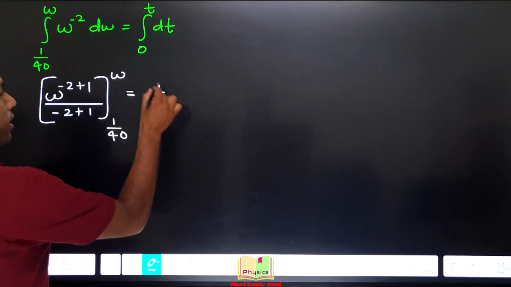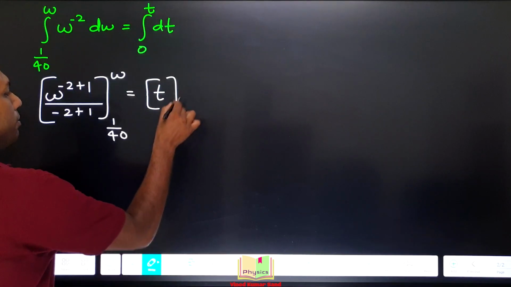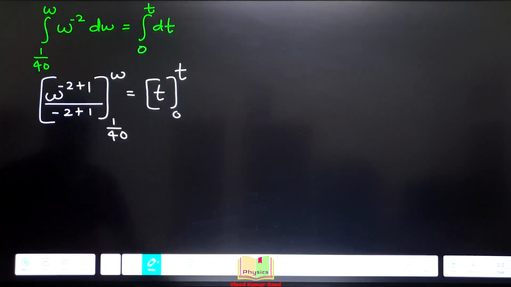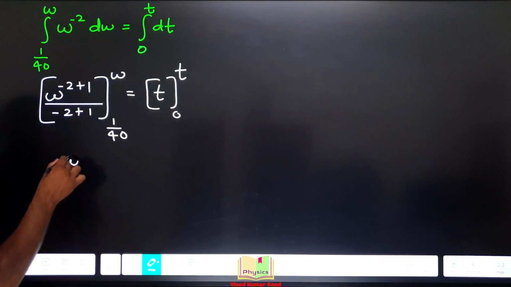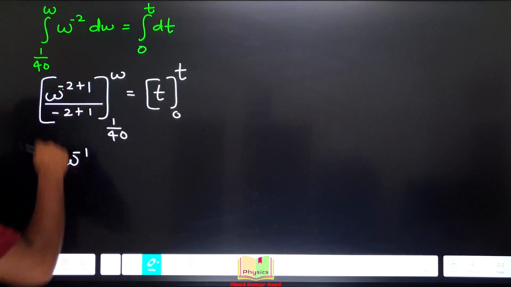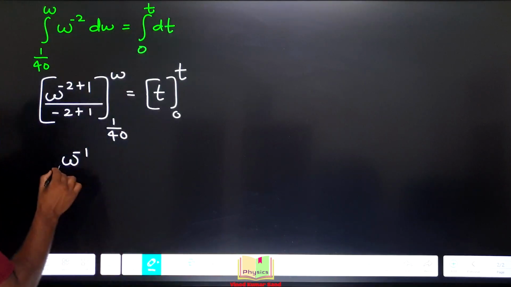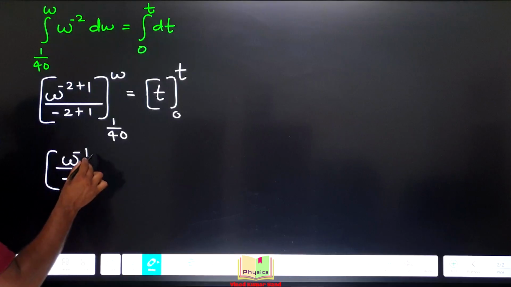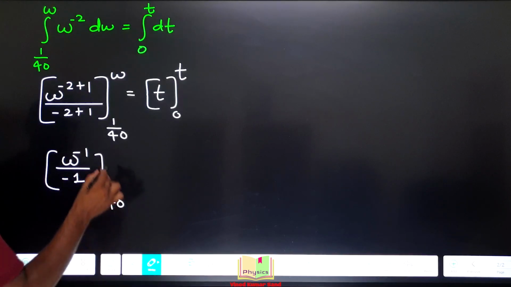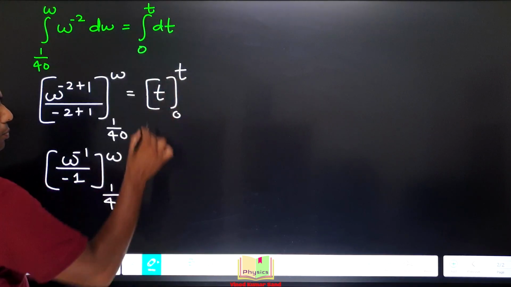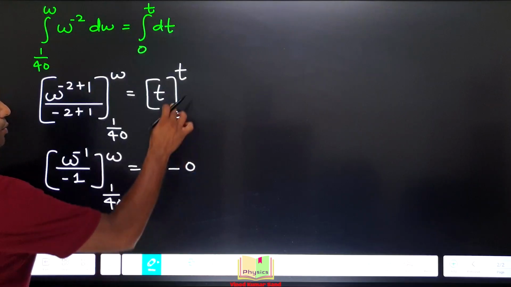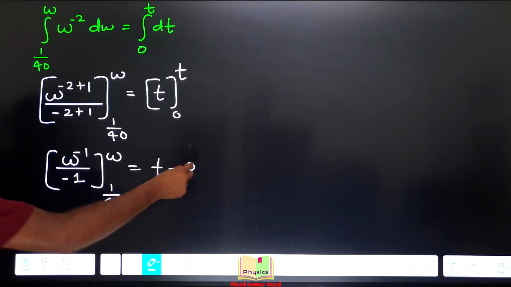Integral dt will be t, limits from 0 to t. Going further, here is omega to power minus 1, since minus 2 plus 1 is minus 1, divided by minus 1. The limits are 1 by 40 and omega. When we put the upper limit, it is t, then we put the lower limit, 0.